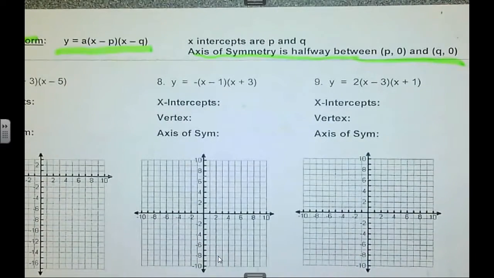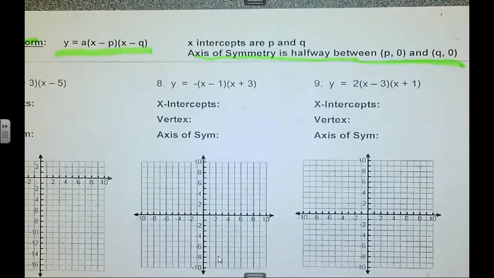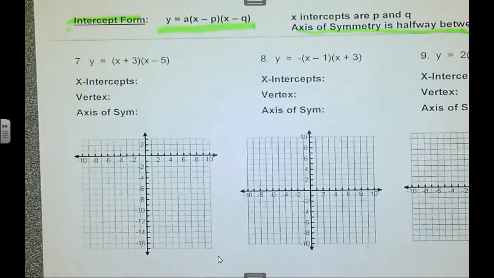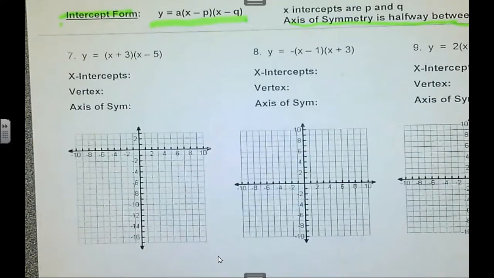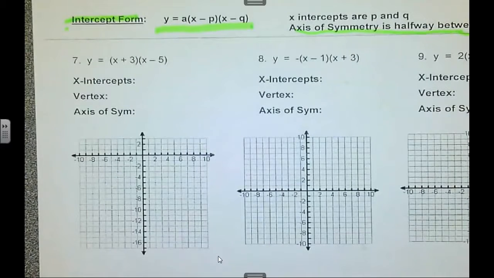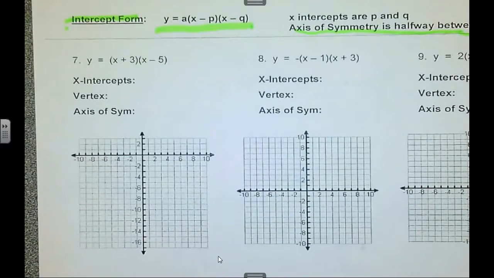Okay, so number 7. Somehow this is coming back to me like I didn't teach this yet. When I have intercepts, my x-intercepts, what are my y values? What does that even mean, x-intercept? It's where it crosses the x-axis, right?